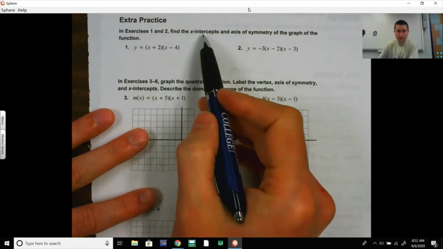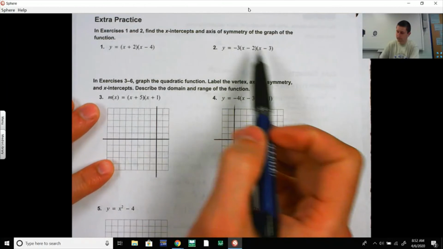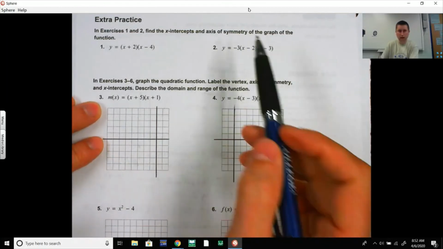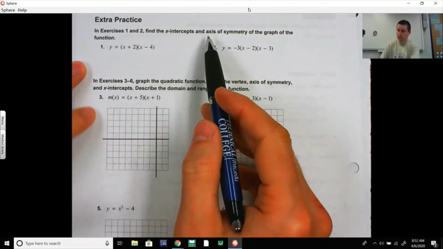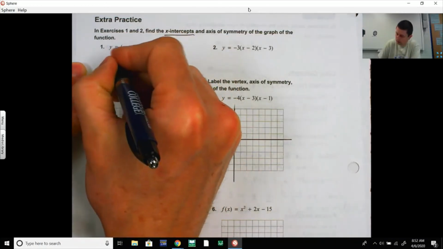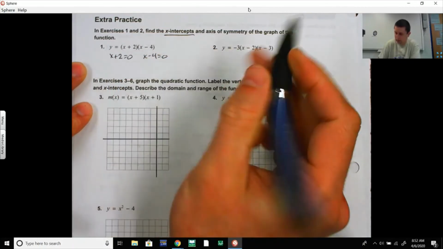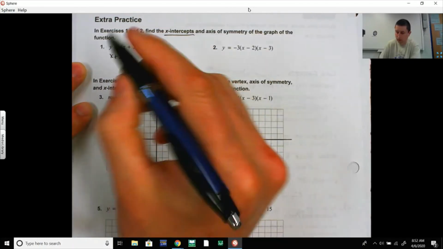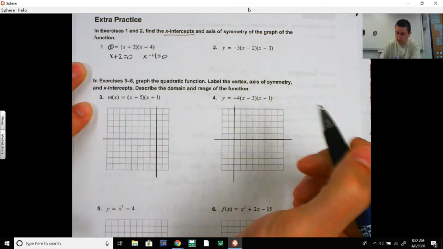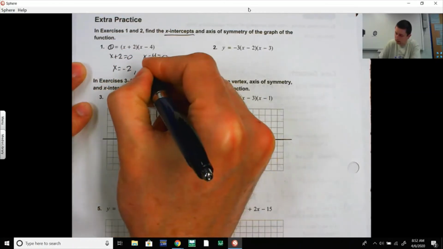Find the x-intercepts and the axis of symmetry of the graph of the function. So they're not asking you to graph it, they're just asking you what are the x-intercepts and what's the axis of symmetry. So we're going to do this first. X-intercepts, we're going to take x plus 2 equals 0 and x minus 4 equals 0. So just like what we did when we were looking for the solutions to the function, we want to know where does it equal 0, where does y equal 0. So x equals negative 2, and the other answer is 4.